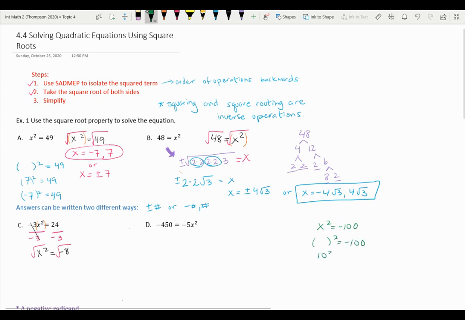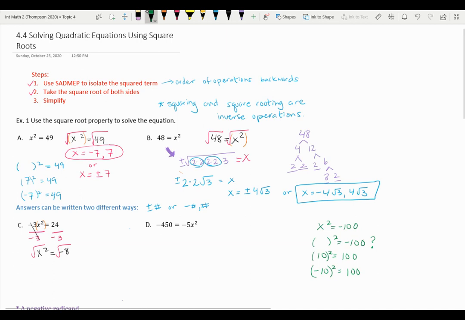Well, 10 squared gives me positive 100. And negative 10 squared gives me positive 100. So how can I get negative 100? The answer is you can't with real numbers.